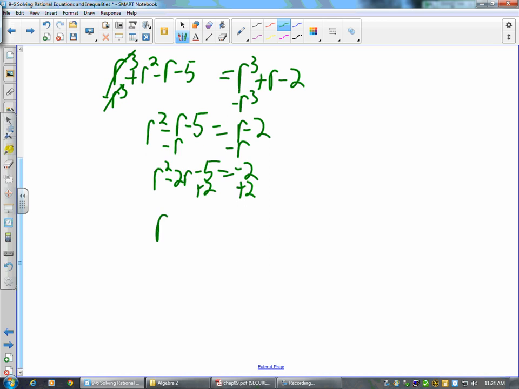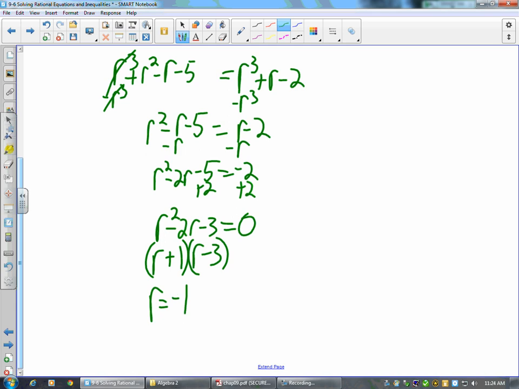And we're left with r squared minus 2r minus 3 equals 0. Now, we can factor this to an r and an r, a 1 and a 3. And let's make this one minus and that one plus. That gives me r equals -1 or positive 3.